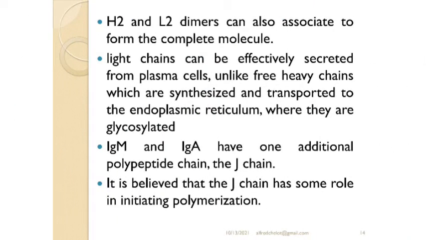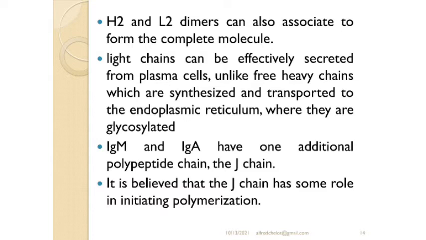H2 and L2 dimers can also associate to form the complete molecule, and light chains can be effectively secreted from the plasma cells, unlike the free heavy chains, which are synthesized and transported to the endoplasmic reticulum, where they are glycosylated.